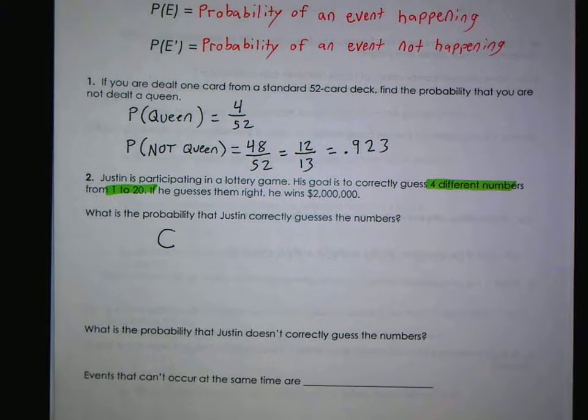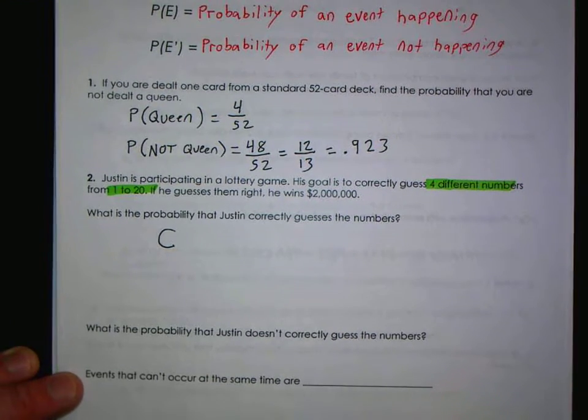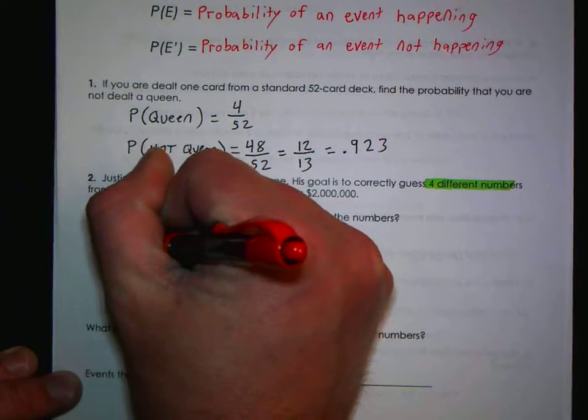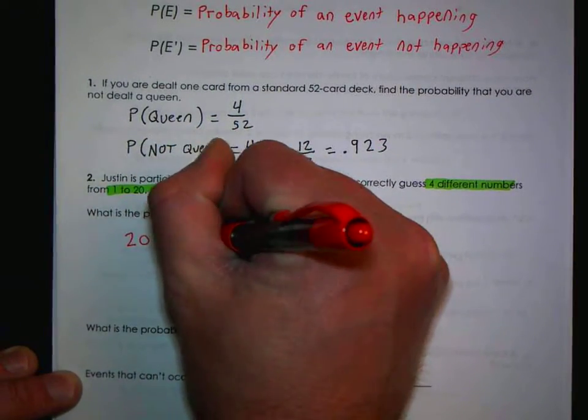Now, there's 20 different numbers, so that goes in front, and he's picking 4.